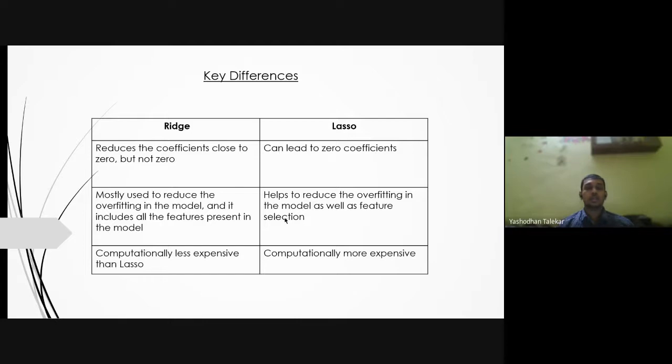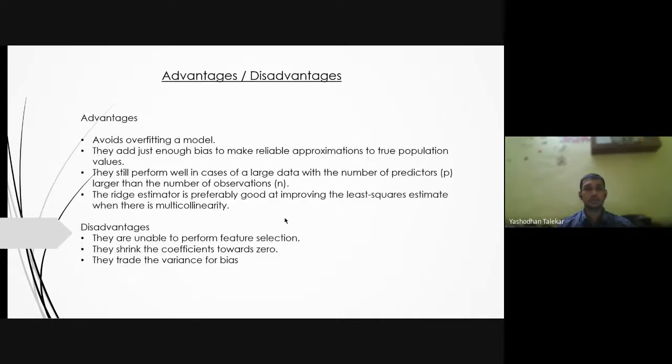As the coefficients do not turn to 0 in ridge regularization, it is mostly used to reduce overfitting, and it does not delete any features present in the model and includes all of them. Ridge regularization is computationally less expensive than lasso, whereas lasso is more expensive.